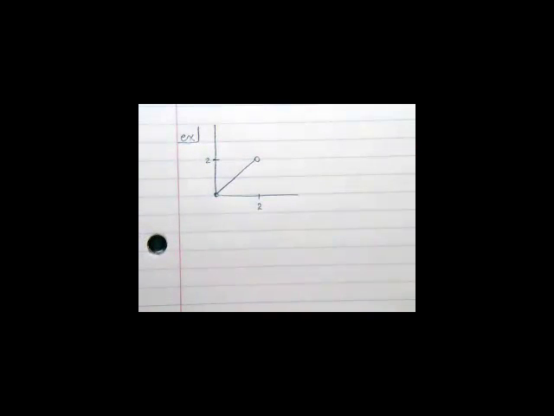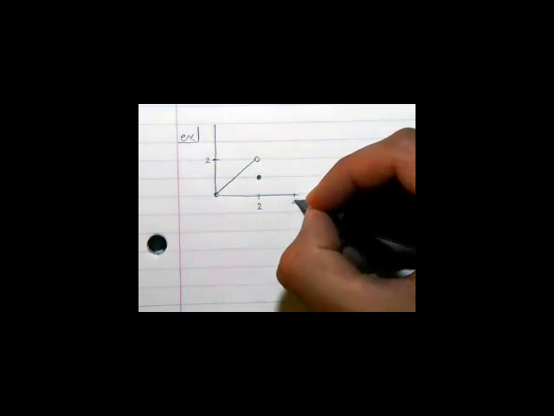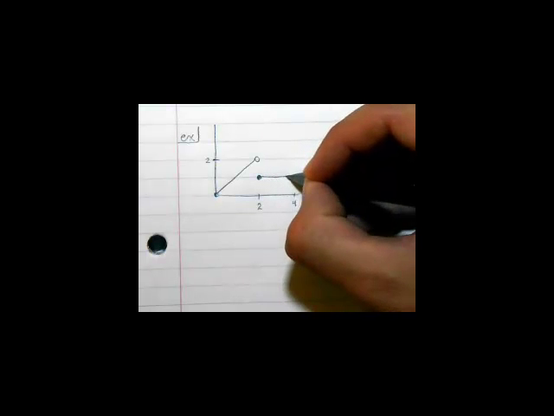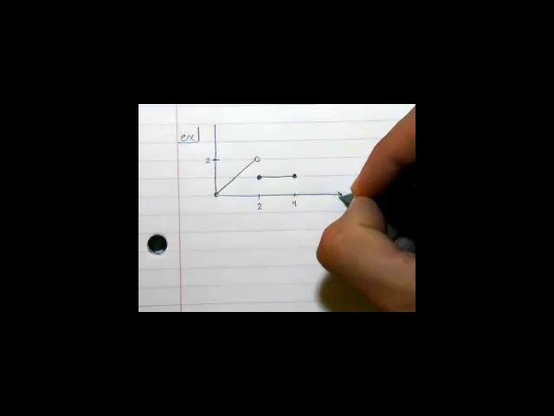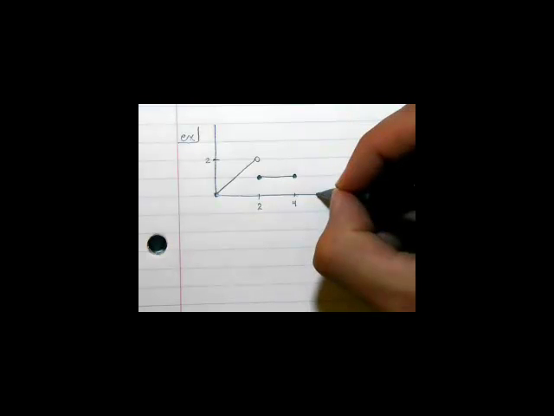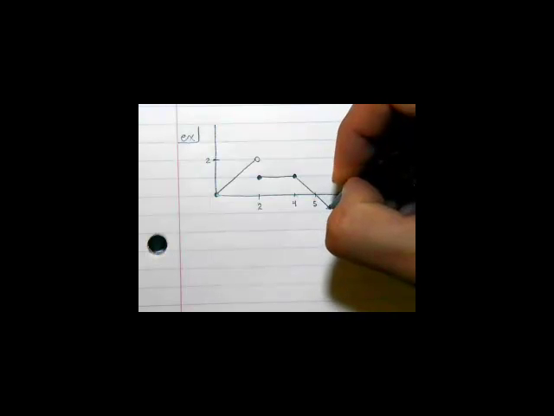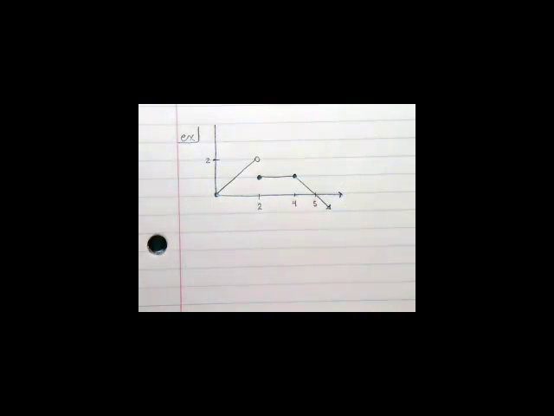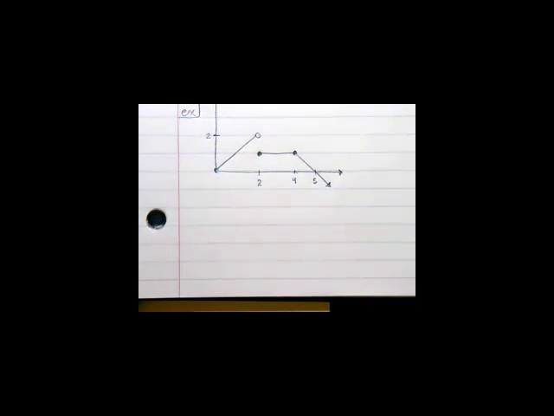All right, so say we got that, and then okay, so let's say we got that graph, and we are tasked with coming up with a piecewise defined equation for that.